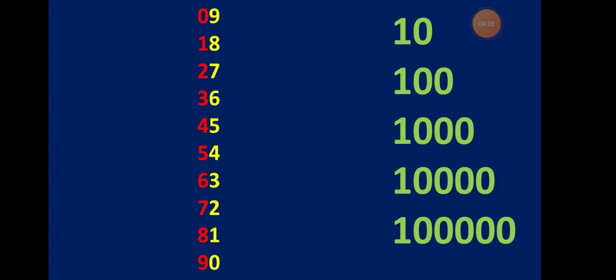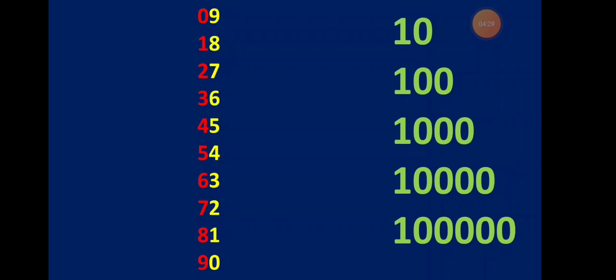And when you go to the tens place, you can see the numbers 0, 1, 2, 3, 4, 5, 6, 7, 8, 9. So the pattern continues from the units place from 9 to 0, and in the tens place from 0 to 9.